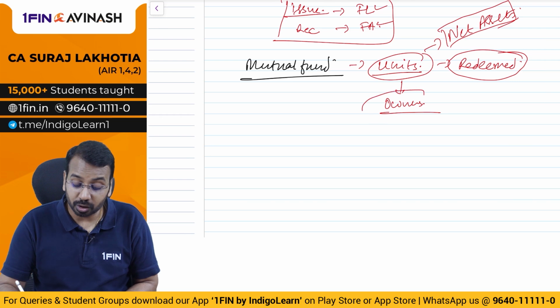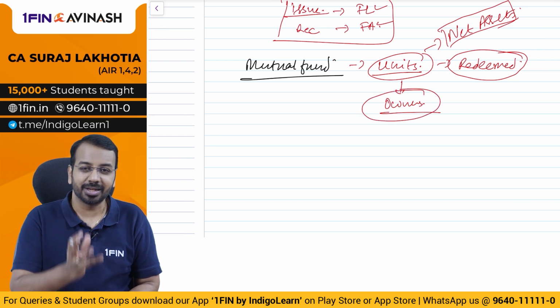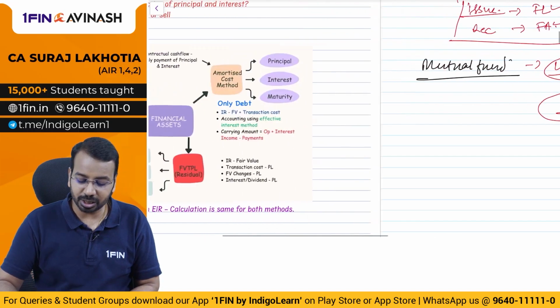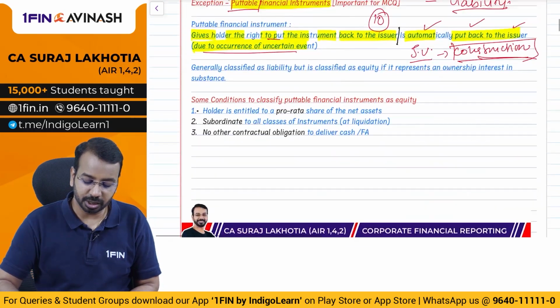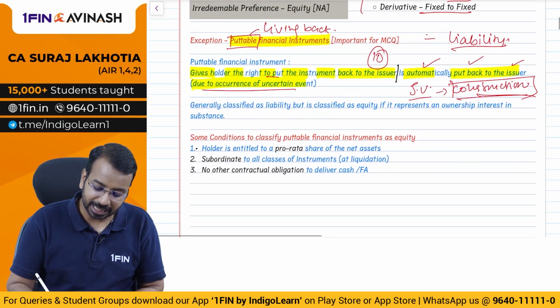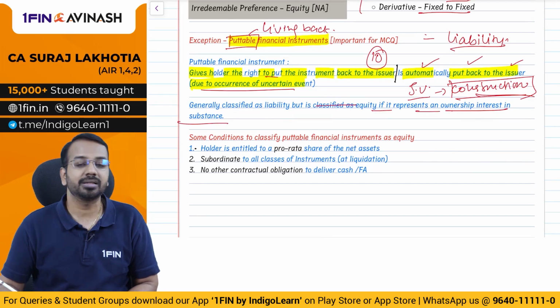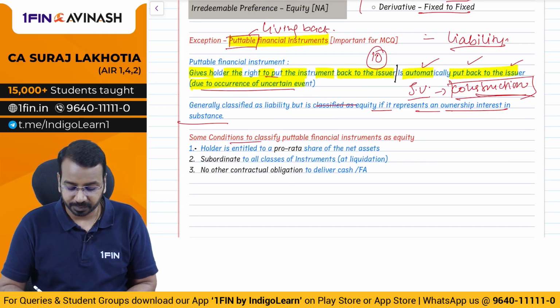However, are these not the owners? In substance, the unit holders are the owners. So what the standard says is, in certain situations, you will classify it as equity if it represents an ownership interest in substance. For this there are some conditions. Number one, the holder is entitled to a pro rata share of net assets, like in the case of equity.